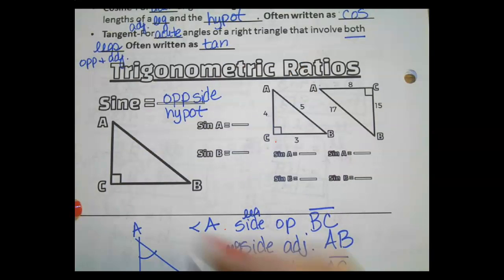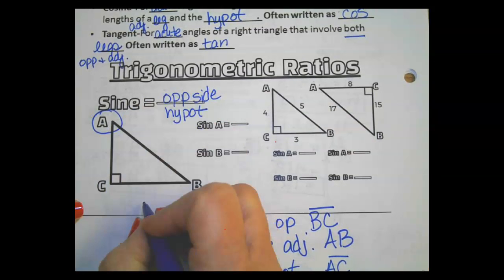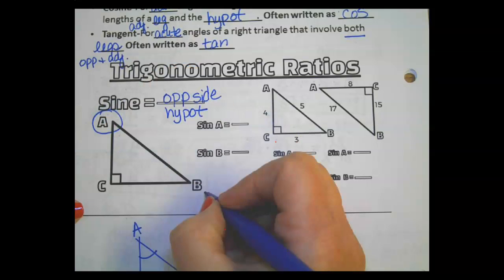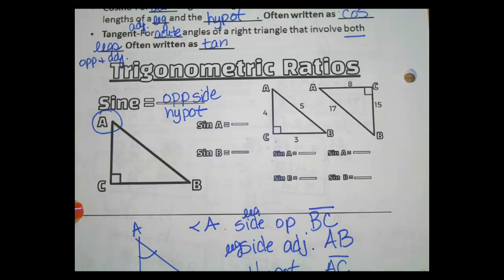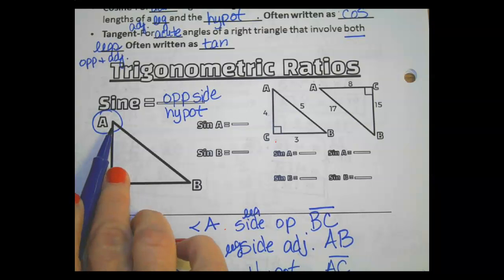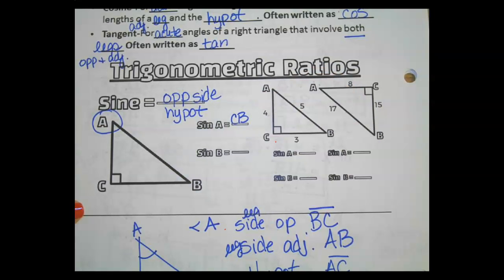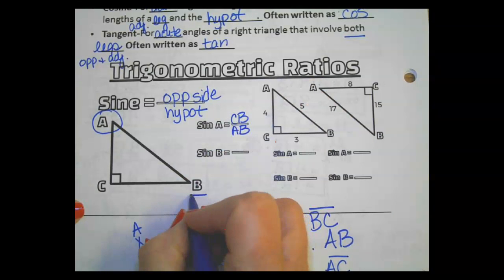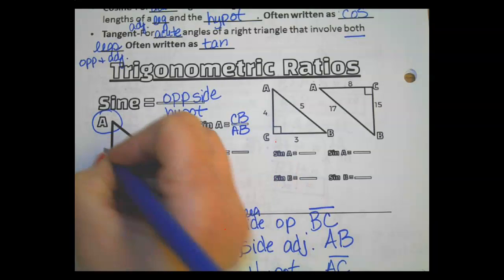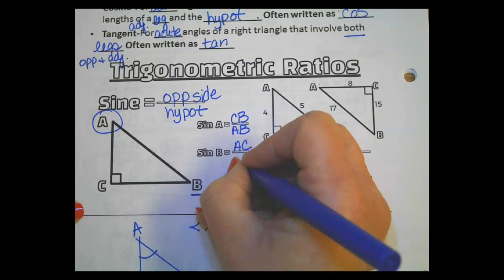If I was looking at A, opposite is BC and hypotenuse is AC. So the sine of A is CB over AC. If I was looking at B, my opposite is AC, and my hypotenuse remains the same.